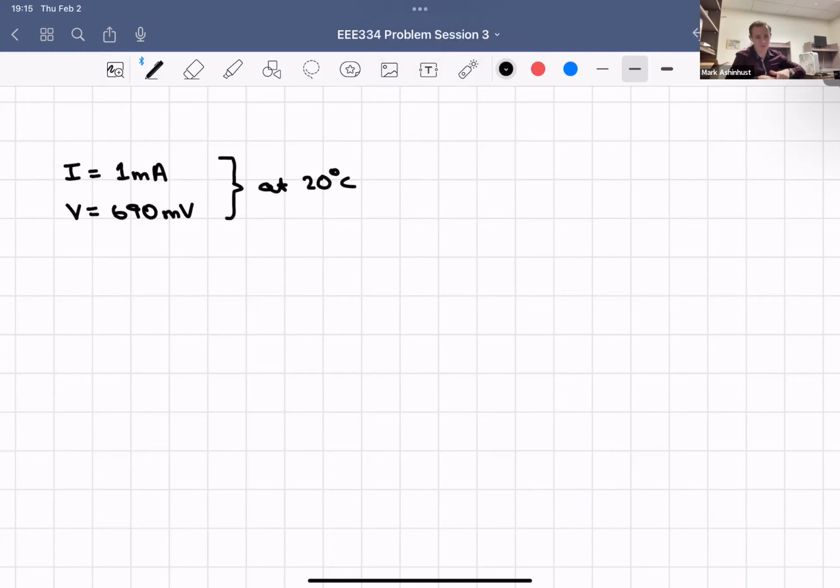But when we're looking further in the problem, what's it like when it's negative 20 and 85 degrees Celsius? That's interesting. We want to know what changes.